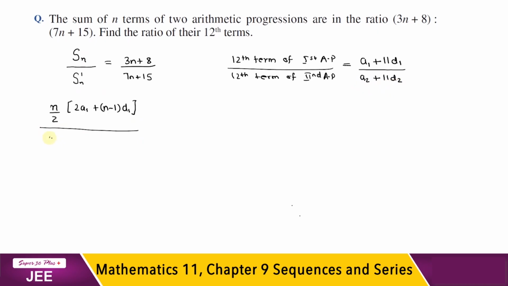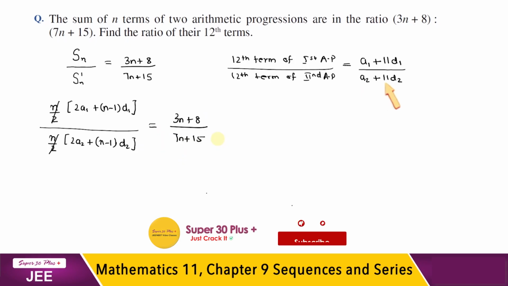So Sn dash becomes n by 2 times 2a2 plus n minus 1 times d2. And this is given to be equal to 3n plus 8 over 7n plus 15. So n by 2 gets cancelled out. And now we are left with 2a1 plus n minus 1 d1 upon 2a2 plus n minus 1 d2 equals to this ratio. Alright, but we have to find out a1 plus 11d1 upon a2 plus 11d2.